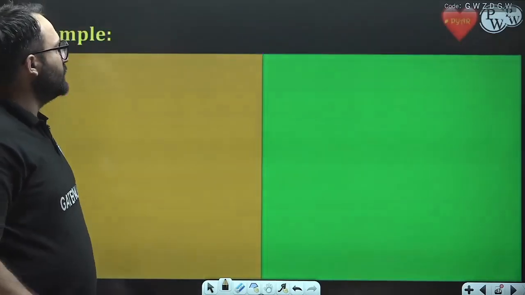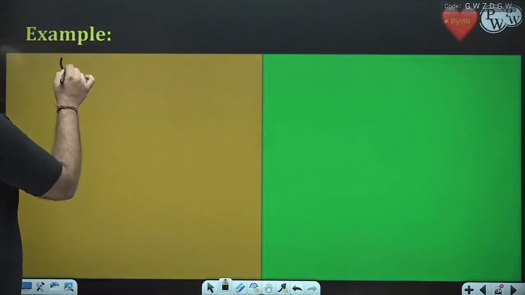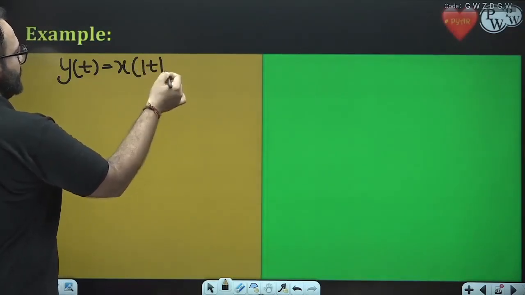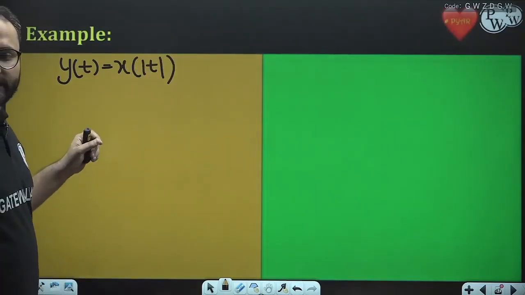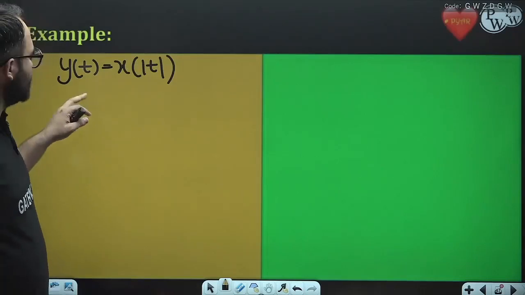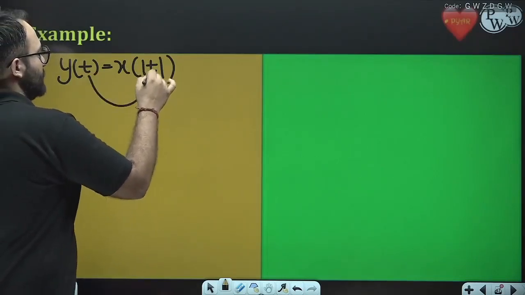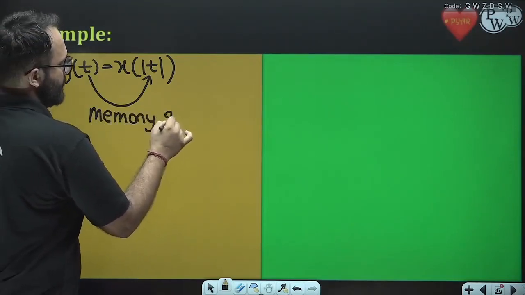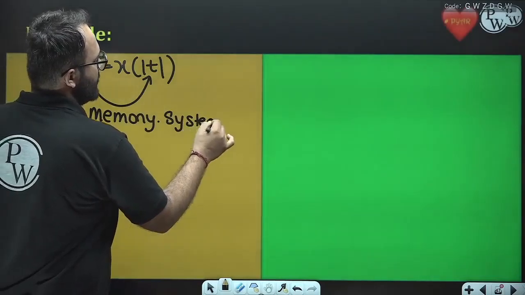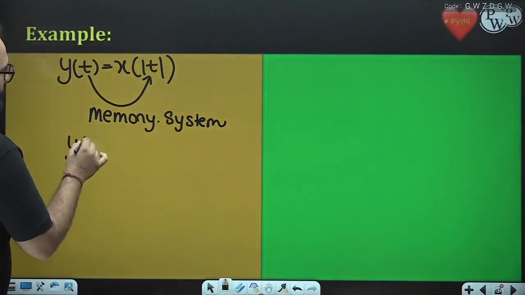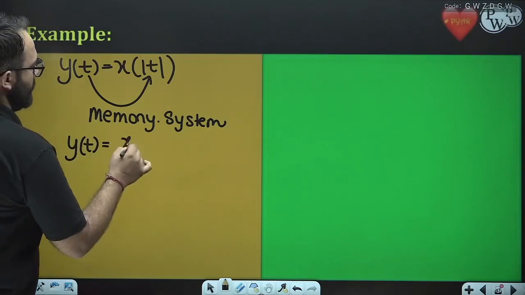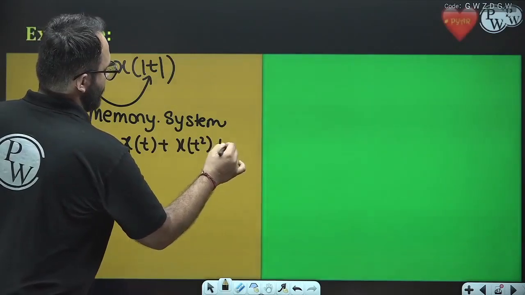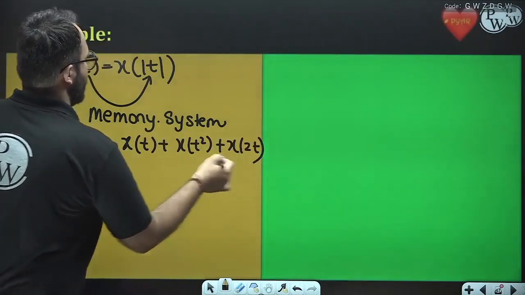Great. Let's do one more example. y(t) is equal to x(|t|). Here also we can see that the variables are different, so it is a memory system. Next example.